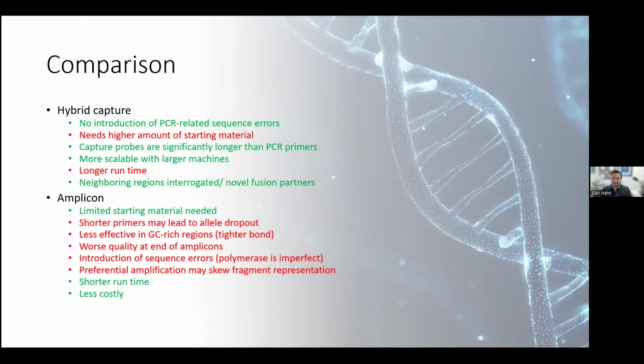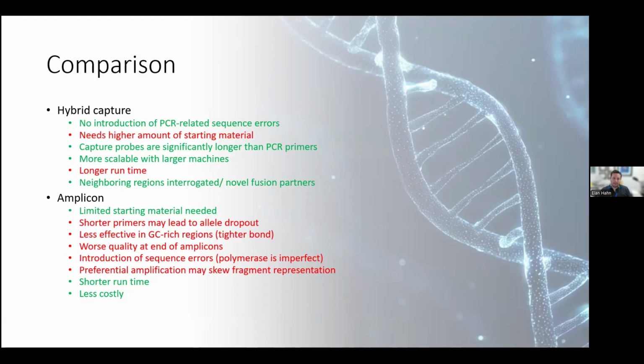A benefit is capture probes are significantly longer than the PCR primers and can therefore tolerate the presence of more mismatches in the probe binding site without interfering with hybridization to the target region. This will avoid allele dropout, which can be seen in amplification-based methods, where you really need a better match because these primers for the amplicon-based methods are shorter.